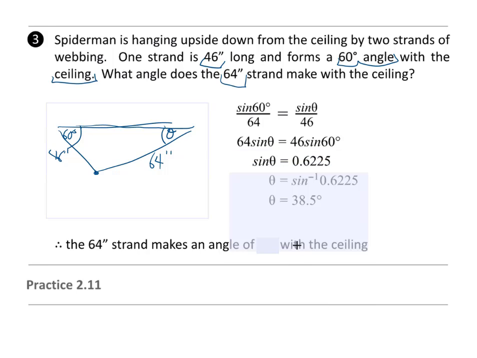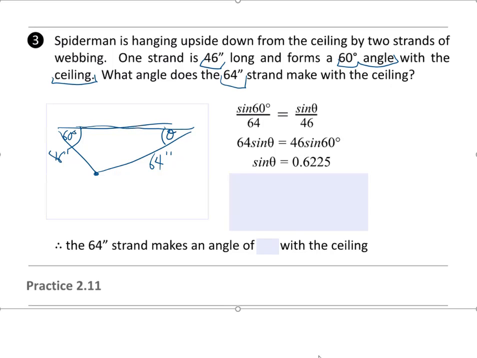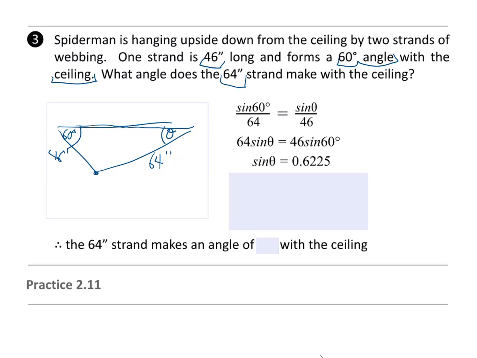So the way I would do this personally is I would have, in my second step, sine theta is equal to 46 sine 60 all over 64. And then I would take sine inverse of whatever this is on the right side.